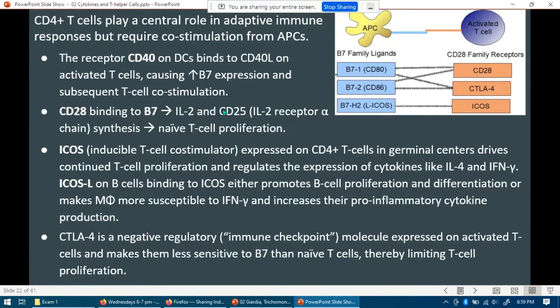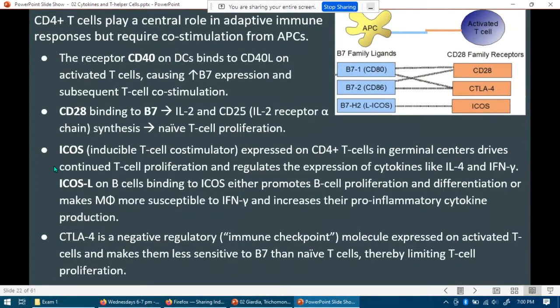And IL-2 binds to a receptor called CD25. That is the high affinity IL-2 receptor. Okay. This is the reason that you really need this signal is because of these two things. It allows you to express the IL-2 receptor and IL-2. Therefore, you can get a lot of T cell proliferation in response to it.